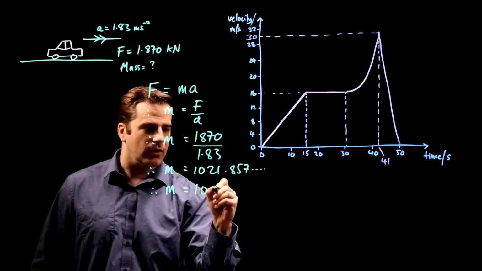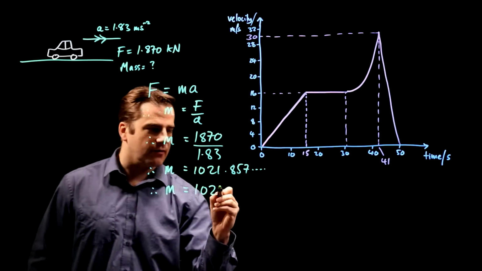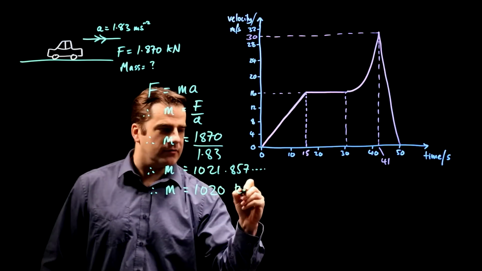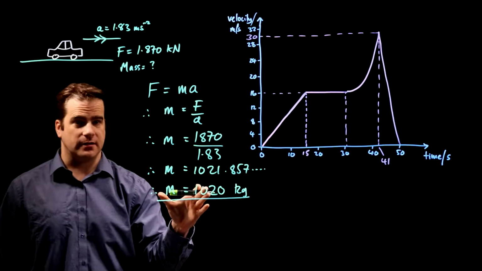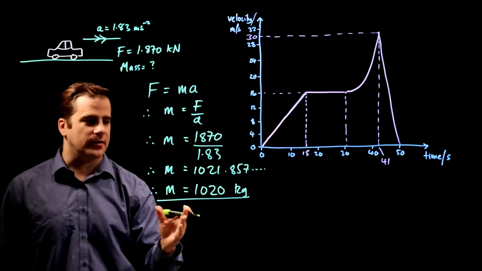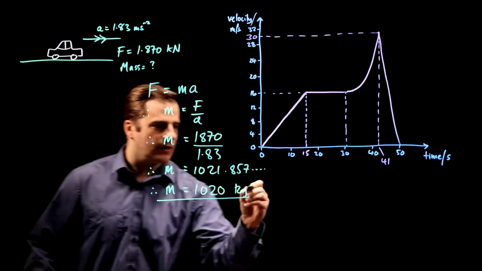So it's going to be 102, but we don't leave it at 102 because it's about 1,000, right? So we have to write a 0 there. Mass, kilograms. And always finish with a quick check, is that a sensible answer? Mass of a car, about 1,000 kilograms? Yeah, that's sensible, it's probably correct. It is correct. Okay, that was 3 sig figs.